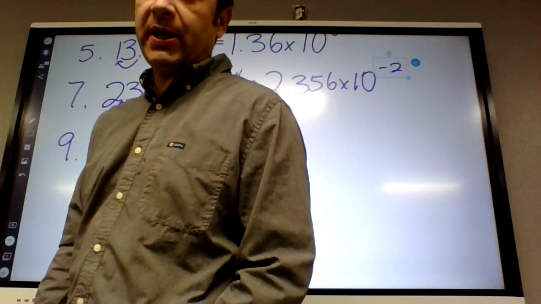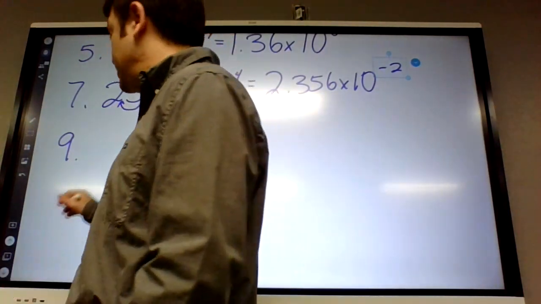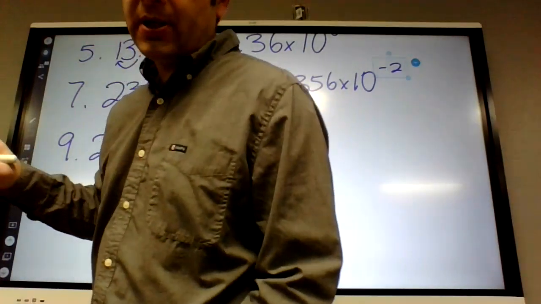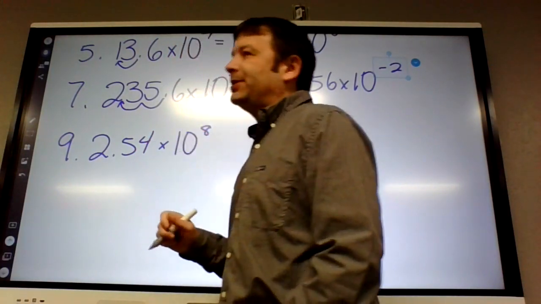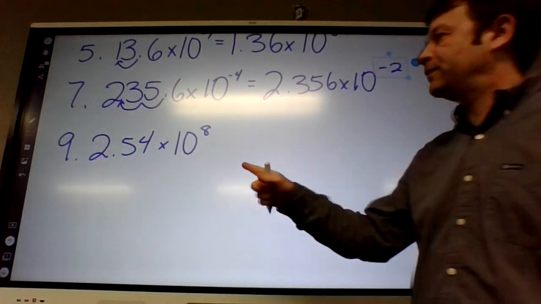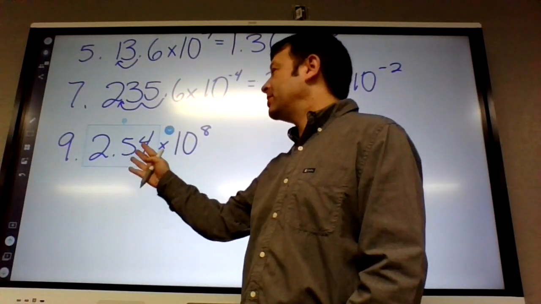Number 9. Okay, 9 says express in standard notation. What do you think standard notation means? Just the normal number. Change it to a normal number. Okay, so basically on this, if you're multiplying by 10 to the 8th, it's like multiplying by 10 8 times, the decimal is going to move. Should this number get bigger or smaller? Bigger.